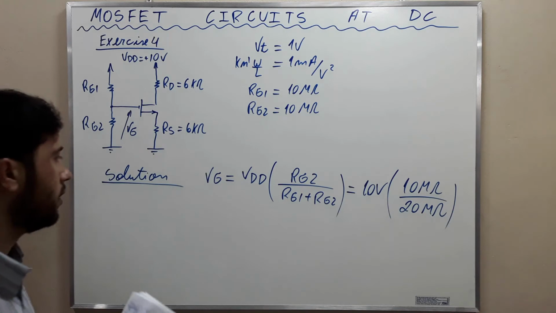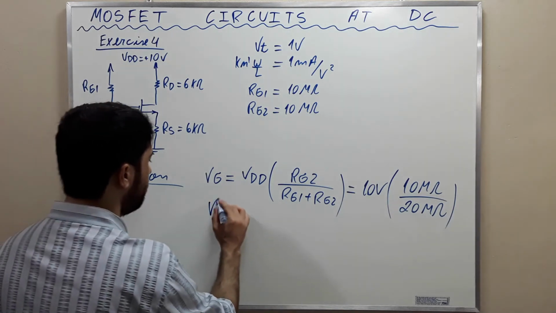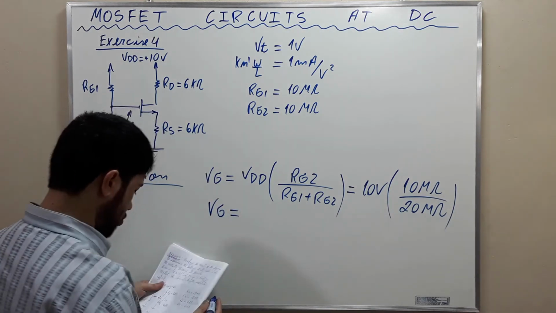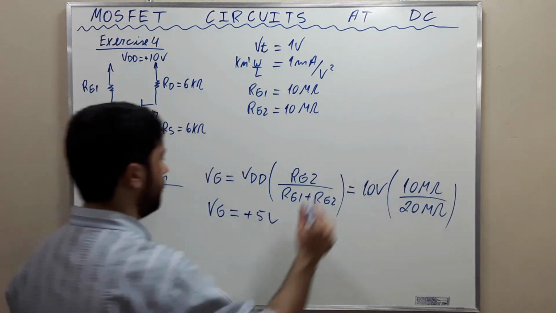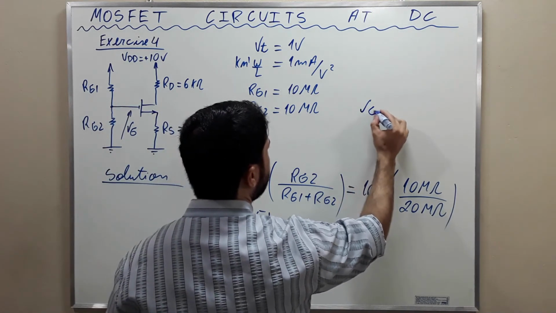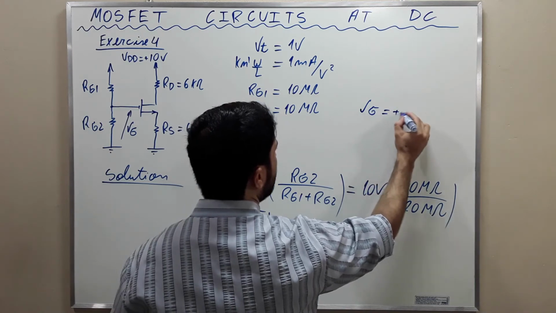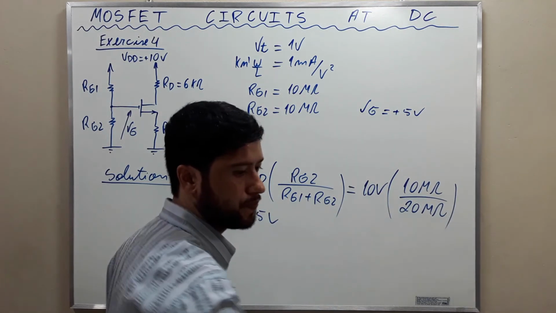And in this way, we find that Vg is equal to positive 5 volts. I'm gonna put it here, okay, 5 volts.